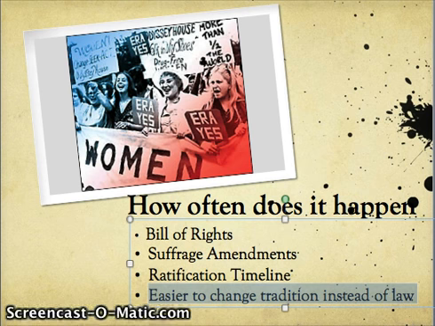So there's a lot of things that we have in our politics and in our system that are just custom and tradition where we didn't feel it was necessary to change the letter of the law.